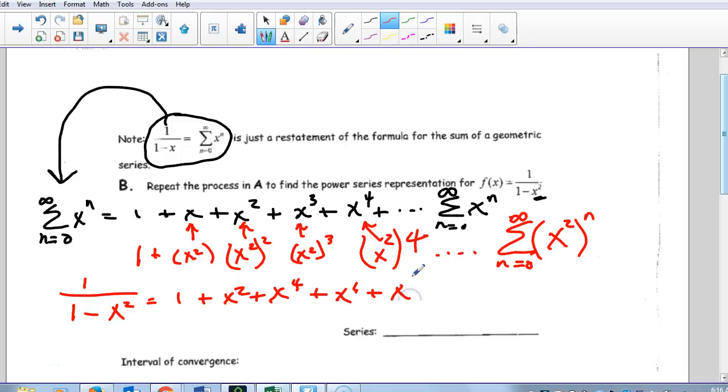So you can see that they're even powers. So it's no big surprise that you get the sum of x to the 2n, from 0 to infinity. That's your answer for this one. Okay, and remember 2n, if I multiply 2 times anything, I'm going to get an even number. 2 times any integer is going to give me an even number. So that is very nice to know.